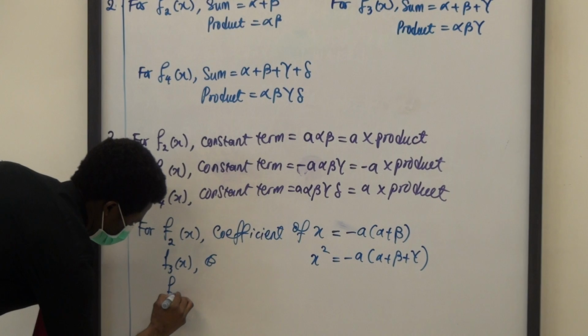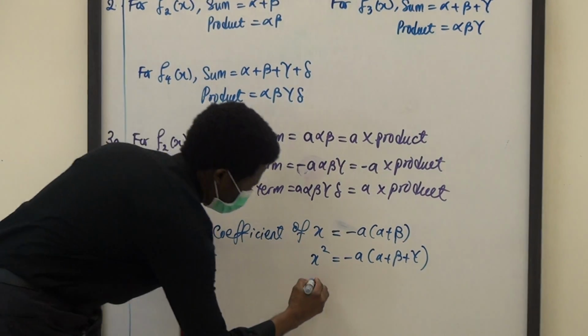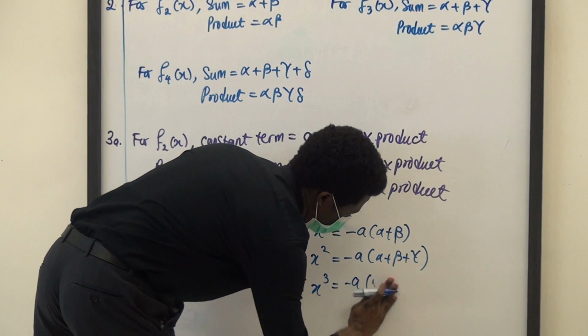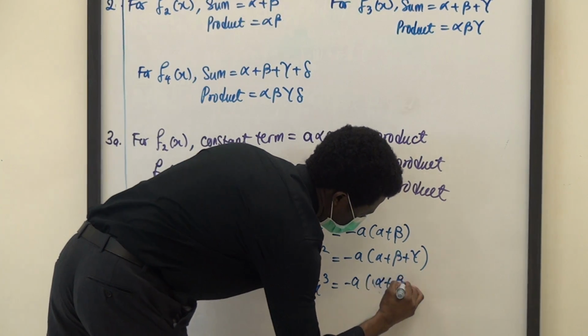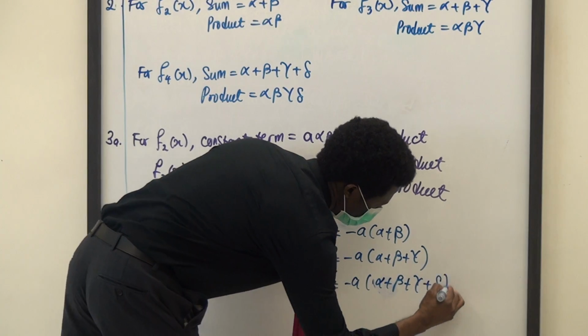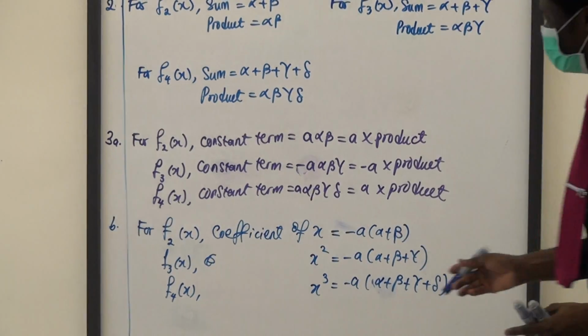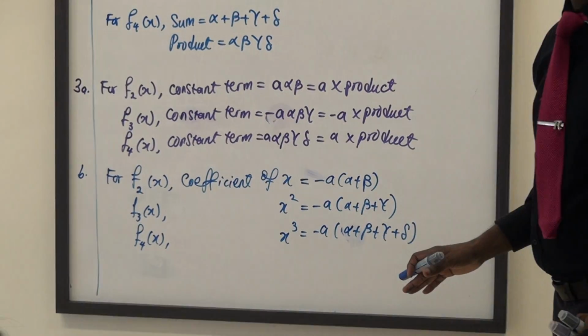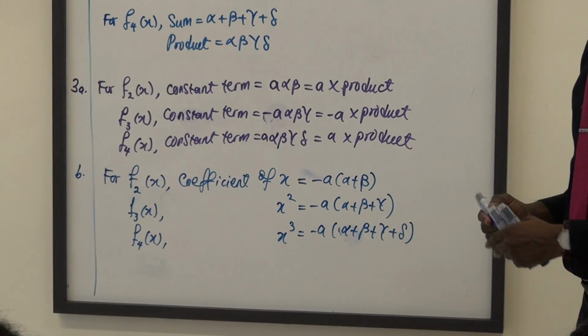For F4, the coefficient of x cubed now is negative A times alpha plus beta plus gamma plus delta. So it is from this observation that you have to make the conclusion.